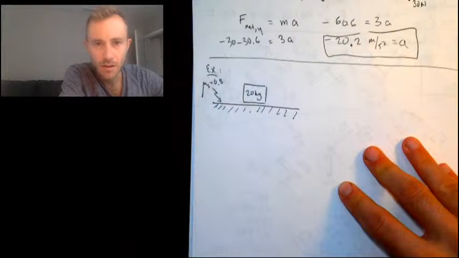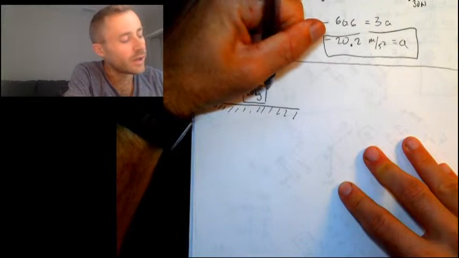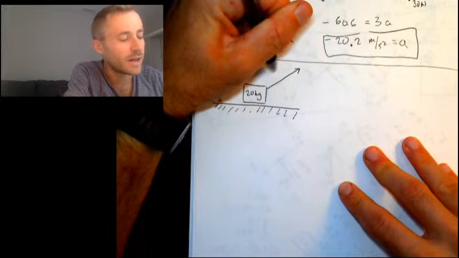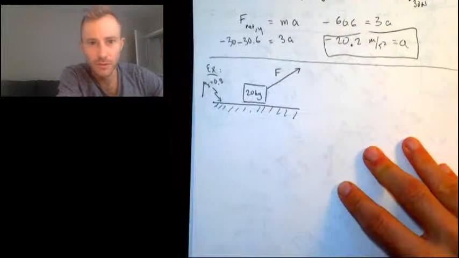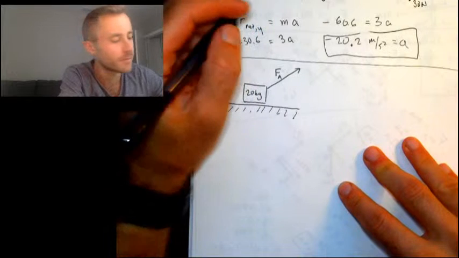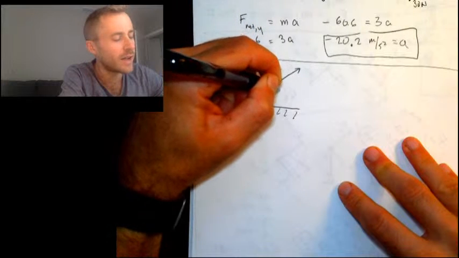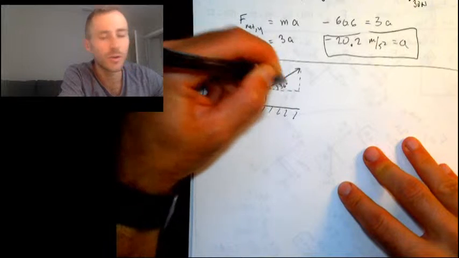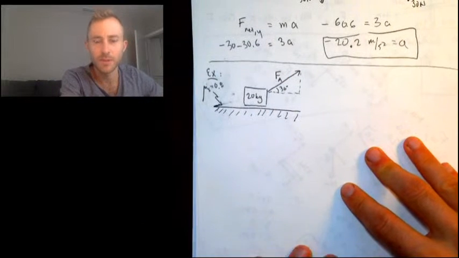Okay? There's an applied force, and it has an unknown magnitude. So I'm going to call it F sub A for applied force. And it makes an angle of 30 degrees with the horizontal, okay?